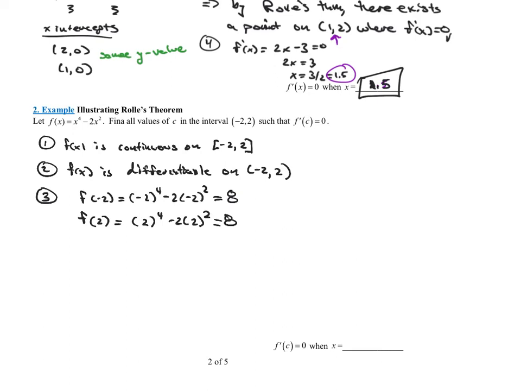So what's important about this? These y values are the same. Okay, continuous on the closed interval, differentiable on the open interval, and our endpoints have the same y value.